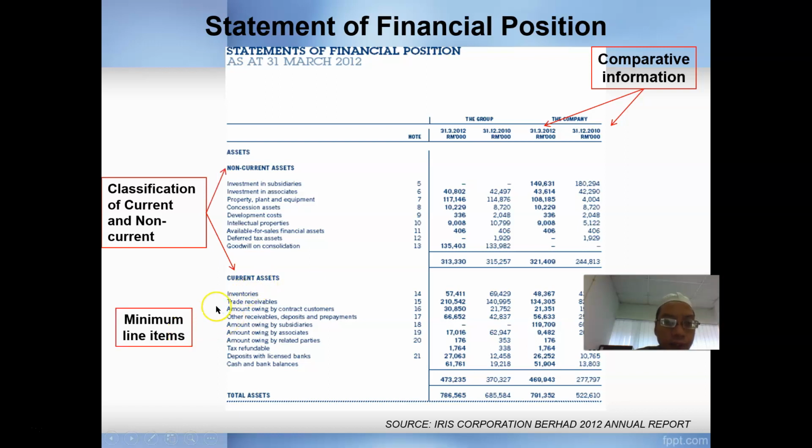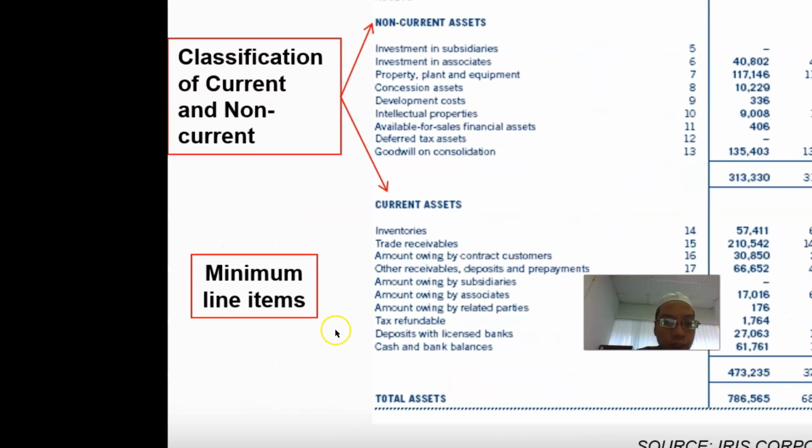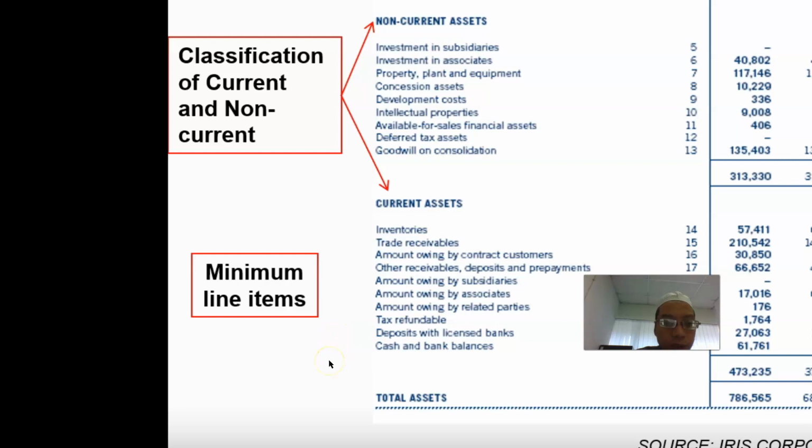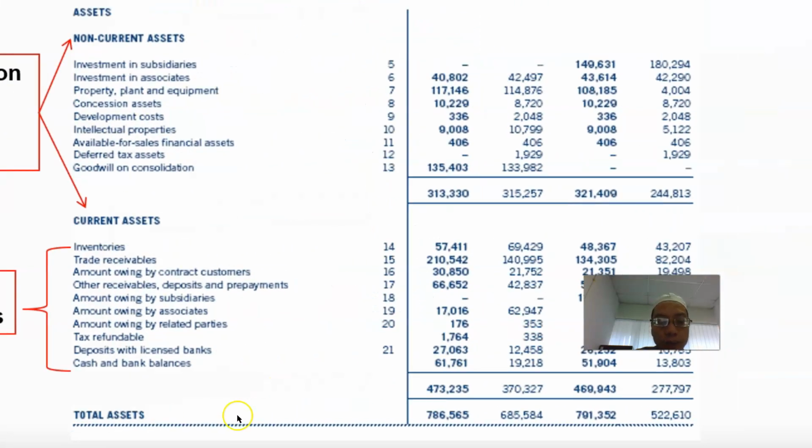Under the current assets, they have the minimum line items as stated in MFRS 101, such as inventory, trade receivables, tax refundable, cash and bank balances. These are examples of items spelled out in MFRS 101 that should be shown in the statement of financial position of a company.